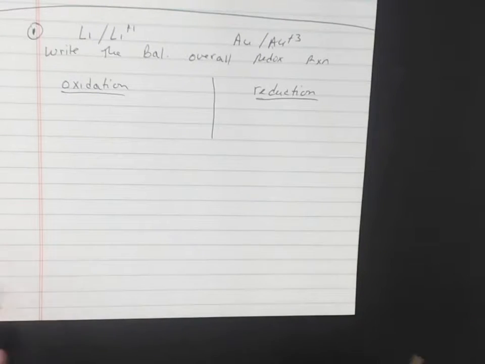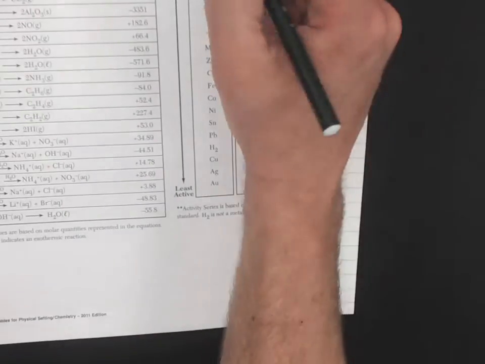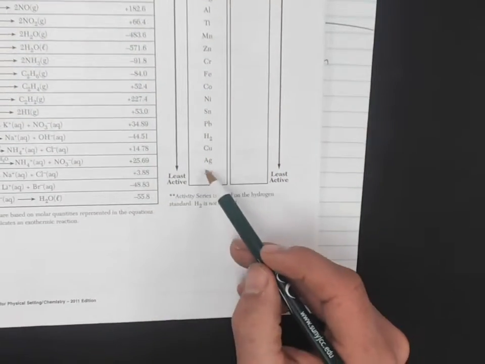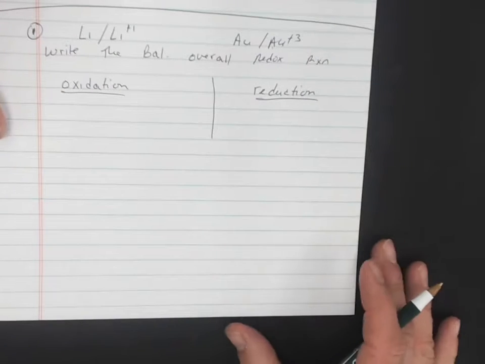Lithium, because if you notice table J, that is the absolute highest or most active metal on table J. So we've got this super active metal and then this super non-reactive metal down here. So we're at two ends of the spectrum.